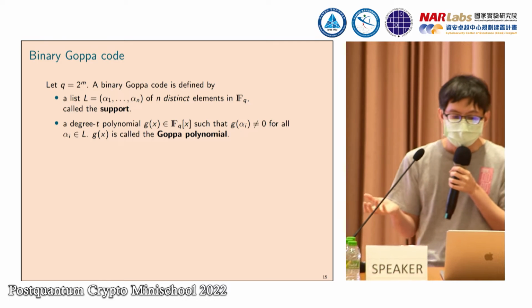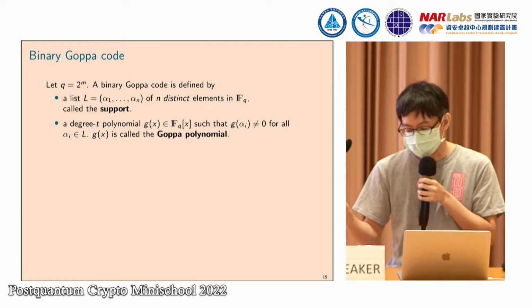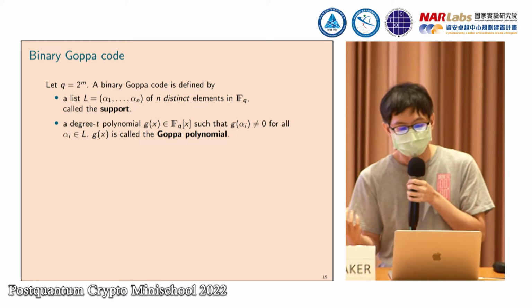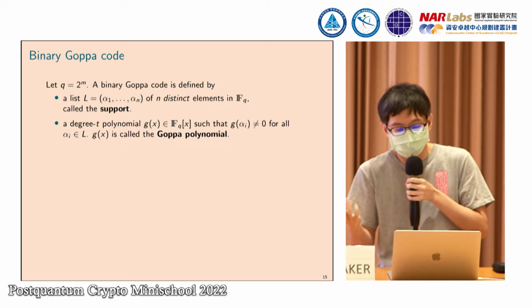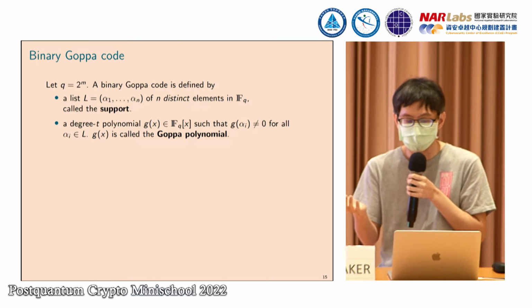Yeah, I think the reason should be quite clear because, as you can imagine, if you use some bad code, then it might not be secure. So you need to choose, by your best knowledge, what's a good code.